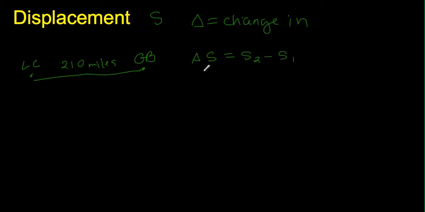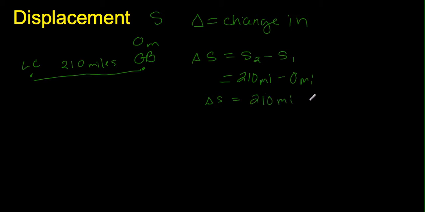This trip is very simple. If this is 0 miles, then this turns out to be 210 miles when we go to La Crosse. So you take 210 miles minus 0 miles, and our displacement is equal to 210 miles.